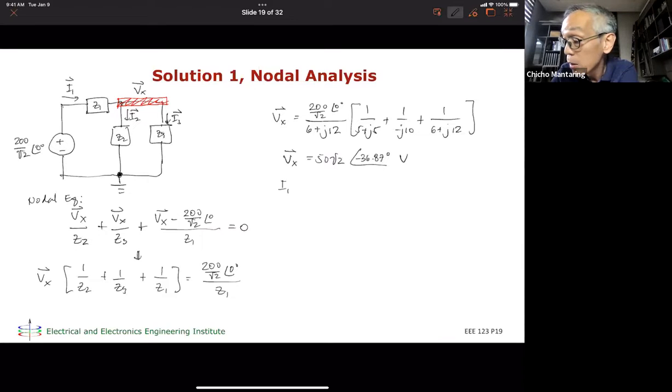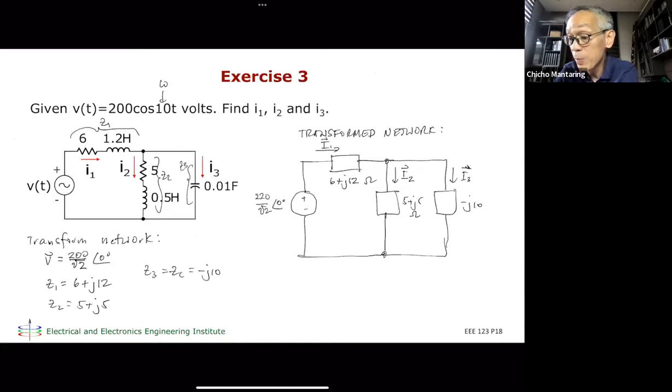I1 is equal to v minus v of x over z1. No? So this is 200 over the square root of 2 minus 50 at an angle minus 36.87 degrees all over z1, which is 6 plus j12.